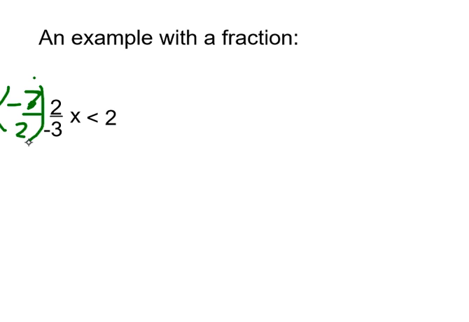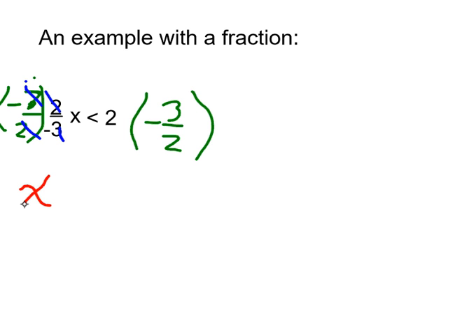And if I multiply the left by negative 3/2, I'm going to multiply the right by negative 3/2. What happens on the left-hand side is everything cancels out, which is what I wanted. And I'm going to be left with just x. I've isolated the variable. On the right-hand side, it just so happens that these 2's will cancel. I'm going to be left with negative 3. Now, because I was multiplying by a negative, the direction of the sign is going to change.